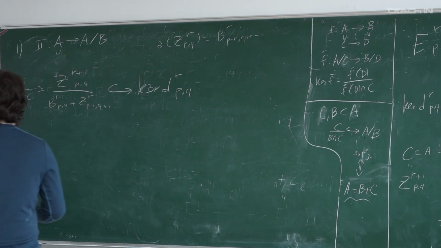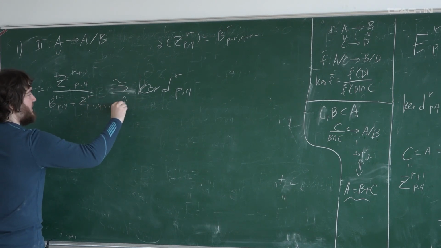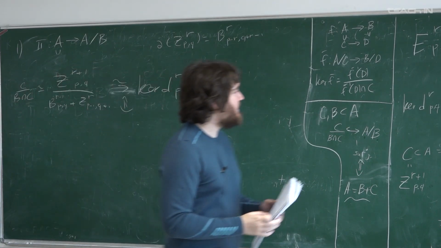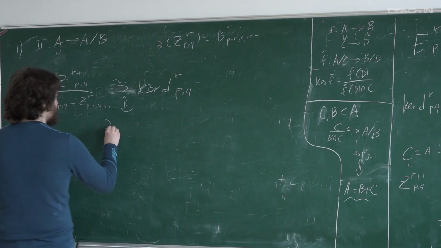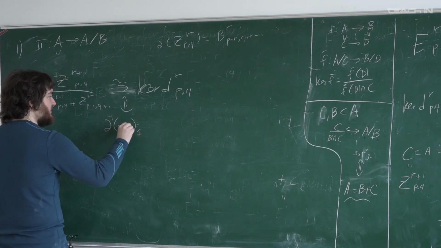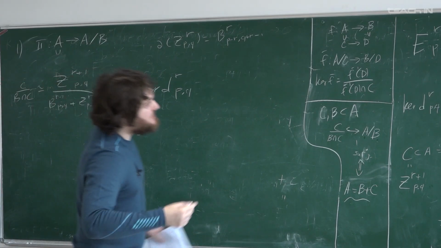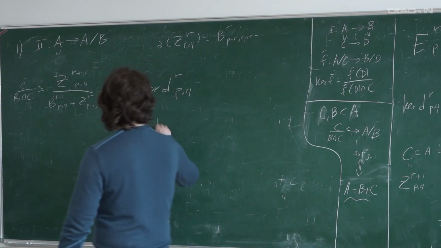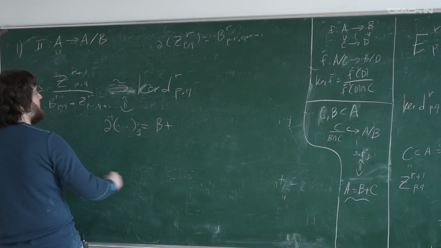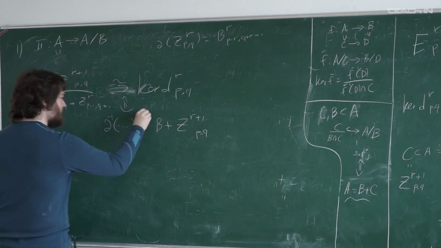I want to check that this is an isomorphism if and only if A is my preimage of the third bracket, d^{-1} of the first. It's the sum of B, where B is this big one, plus my C_{R+1}^{P,Q}.